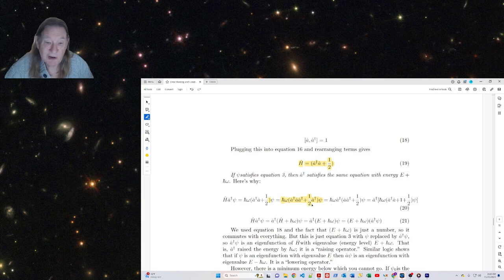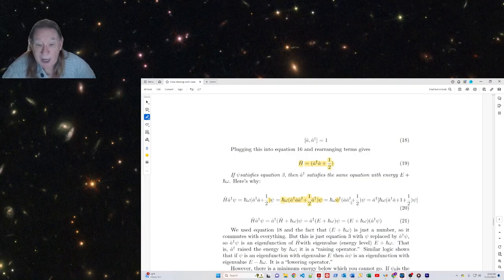And you see you have A dagger on the left in both terms. It's a linear operator, and what that means is that if it's on the left for two terms, you can move it outside the sum. So that's what I did. I moved it out here before the parentheses, and I get A dagger plus 1/2 psi.